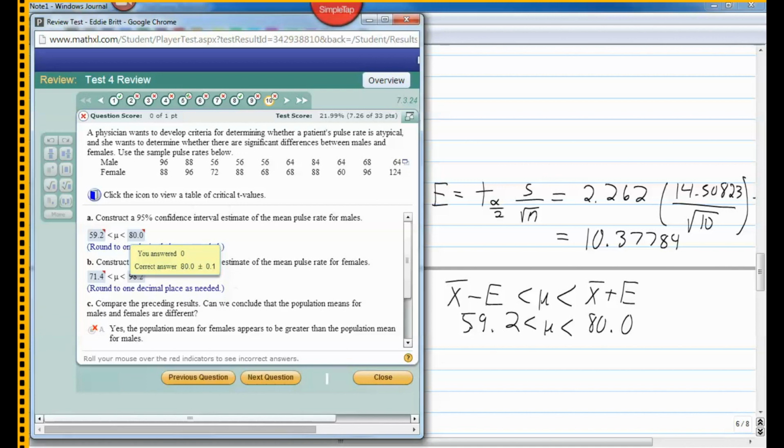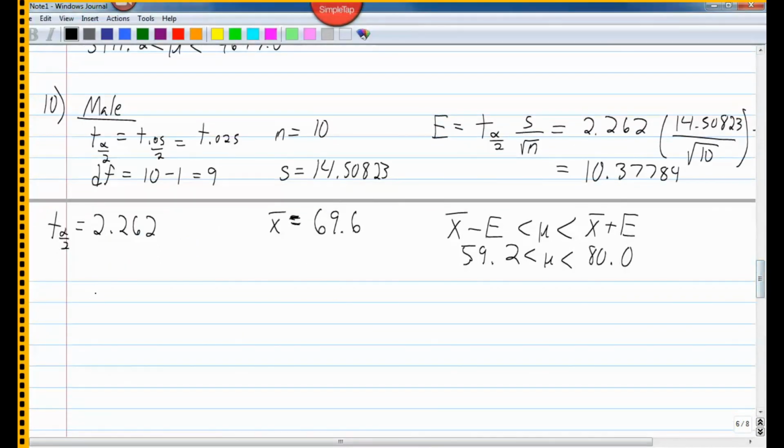To save a little time on this one, I'm just going to write down what we would use to find the female. Alright, and probably won't work that one out all the way. That way, if you want to do a little practice with this, you can pause the video and see if you can get the answers. It looks like the n stays the same because we have 10 new pulse rates. The degrees of freedom is going to be the same.